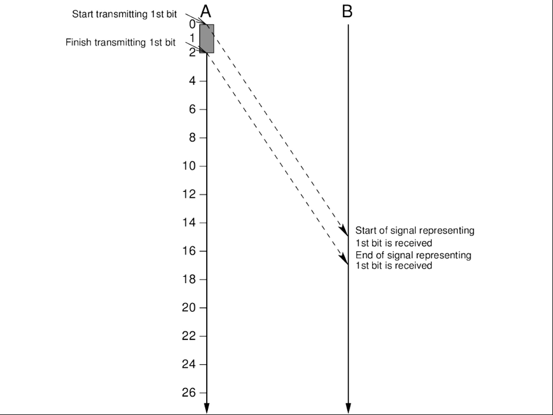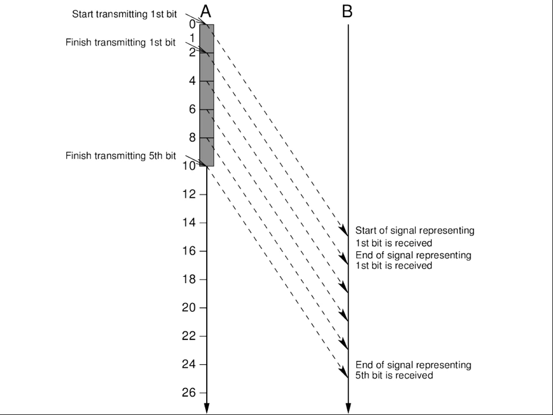That's just bit 1. So from B's perspective, bit 1 starts to be received at time 15 and finishes at time 17. And then it has bit 1. It's in the memory. The same happens for the remaining 4 bits. Transmit bit 2, bit 3, bit 4, they all take time for the signal representing those bits to propagate.